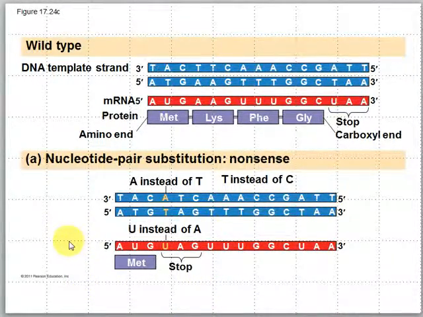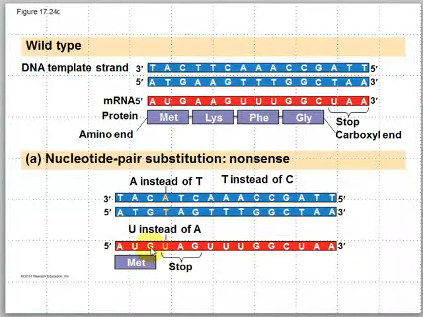The last type of small-scale substitution mutation results in what we call nonsense. And in this case, here is the wild type, what we should be coding for. Here is our error. Right here we have an A instead of a T. So then when the messenger RNA codes with that A, it puts in a U right there. Well, the problem is UAG is a stop codon.